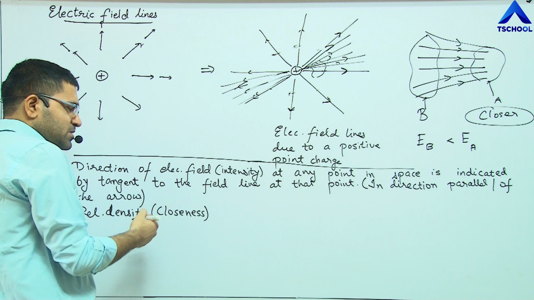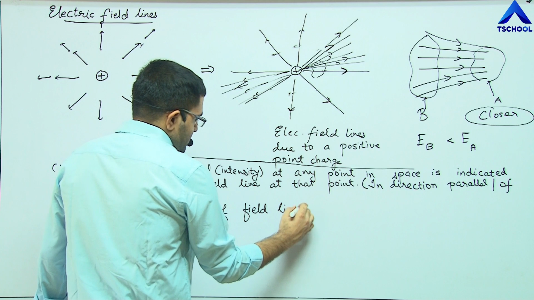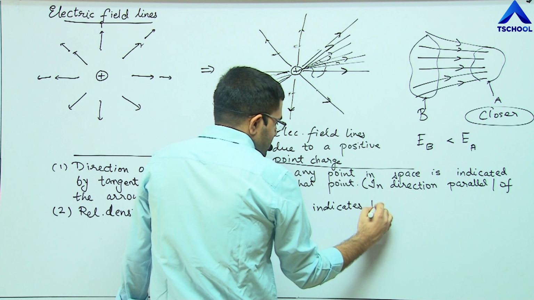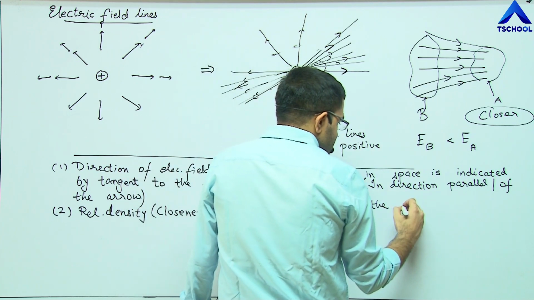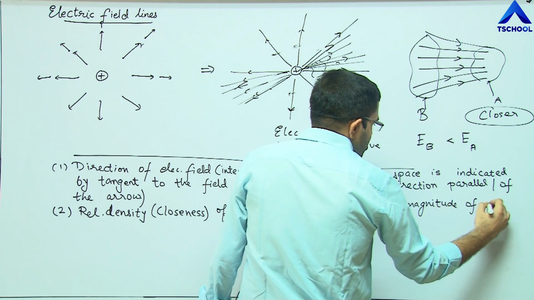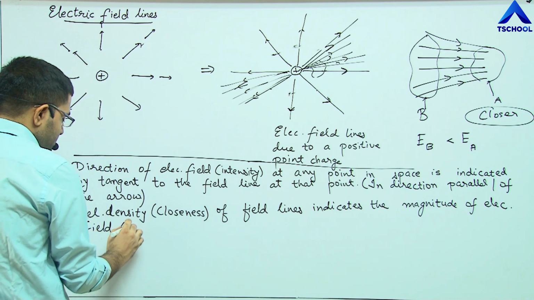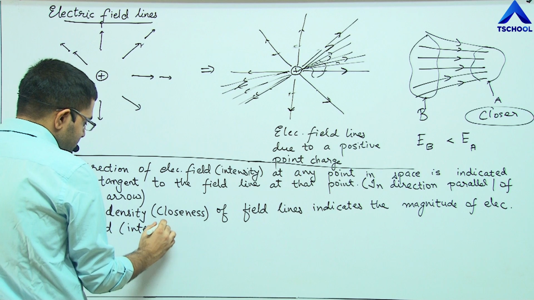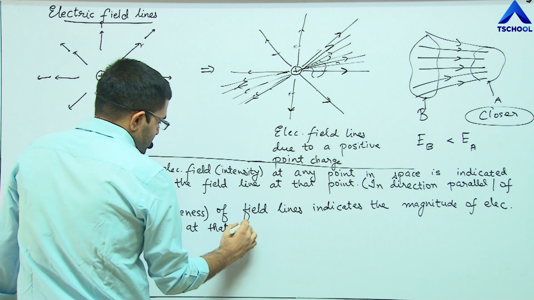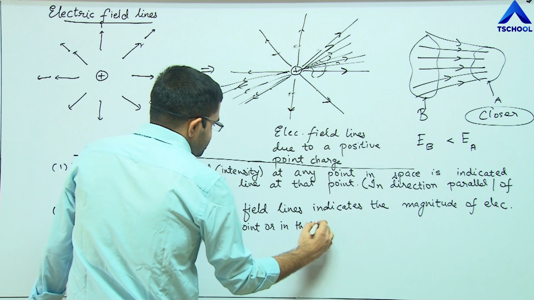So the relative density or closeness of field lines indicates the magnitude of the electric field, or electric field intensity again, at that point or in that region.